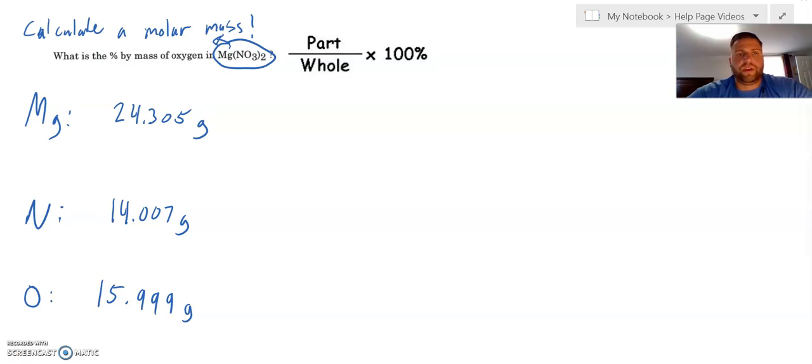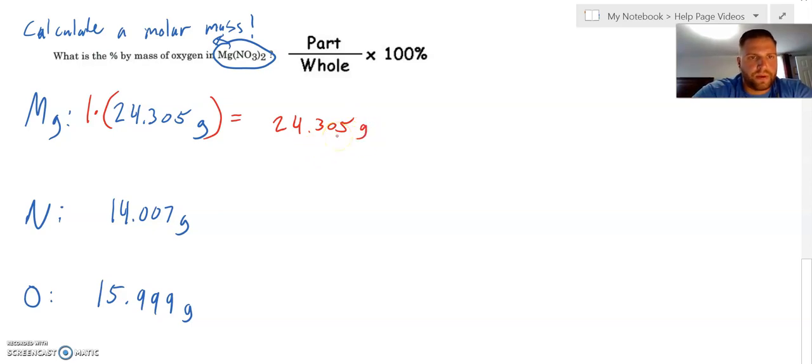To continue with the molar mass calculation, what we now have to do is multiply these individual masses by the quantity of that element that is in the compound. All right, so magnesium, there's only one. So that will give us still 24.305 grams. How about this? How many nitrogens do we have? Well, nitrogen doesn't have a subscript right next to it, so that signifies 1.